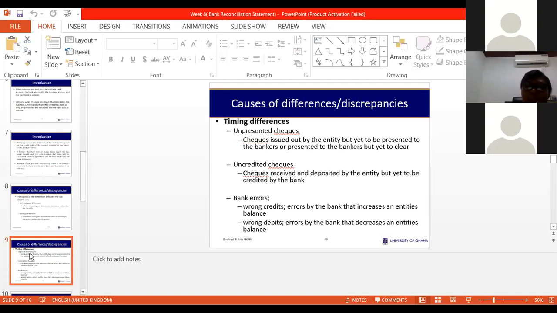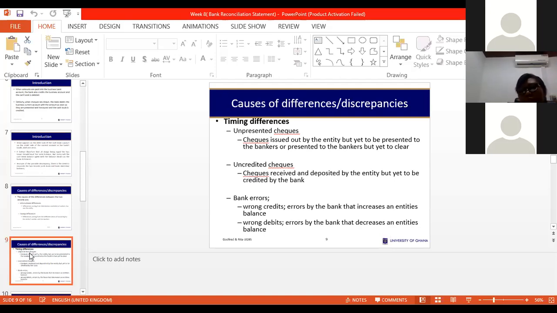So we have issued it out, but our supplier has not yet presented it. Or, he has presented it, and for those who know the clearing system, it sometimes takes about 3 days if the check we have given is from a different bank. Let me assume that Susie's bank is GCB, meanwhile UGBS bankers are EcoBank. So it means that UGBS has given an EcoBank check to Susie.